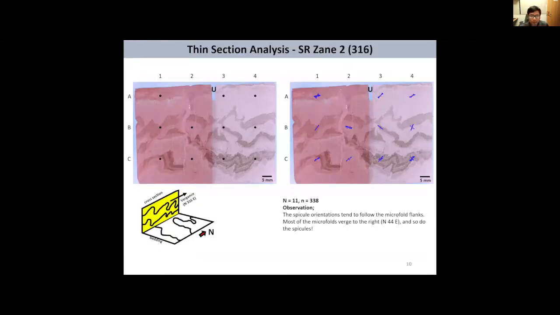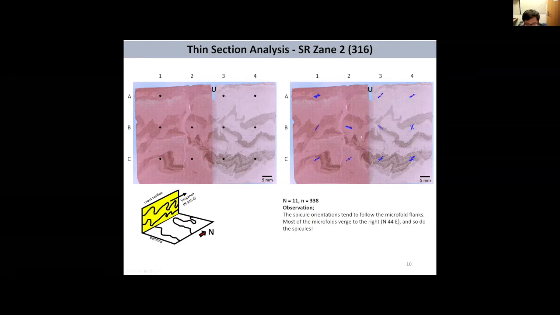And for SR Zane 2 316, 11 fields of view, 338 spicules. We see that the spicule orientations tend to follow the microfold flanks. Most of the microfolds verge to the right, which is 44 degrees with respect to the north. And so do the spicules.